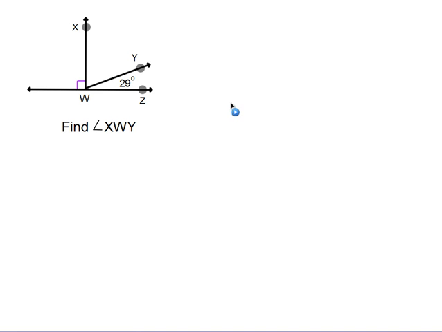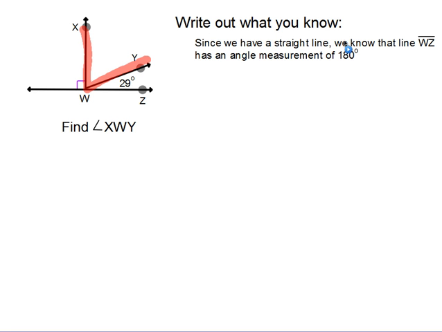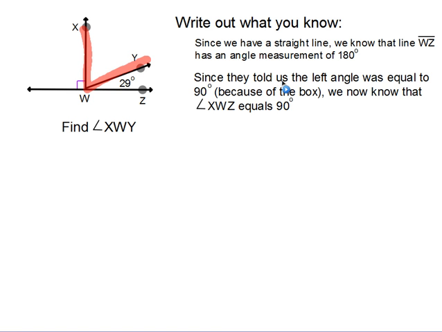Alright, we're going to find XWY now. So we need to write out what we know. Since we have a straight line, we know that WZ has an angle measurement of 180 degrees. And since they told us the left angle was equal to 90 degrees because of the box, we know that XWZ is 90 degrees because 90 plus 90 is 180, which is my straight line.